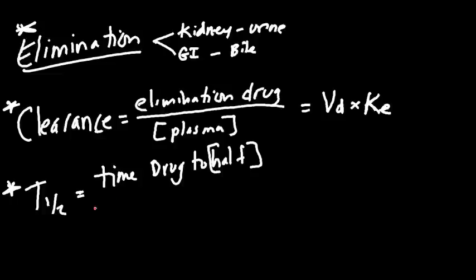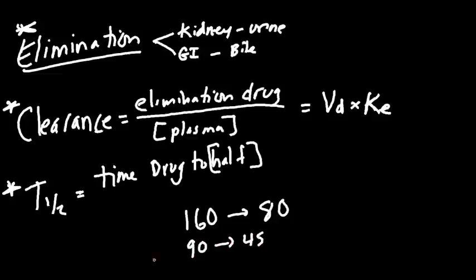How much time is it going to take for us to eliminate the drug so that the drug gets to half concentration? If we started with 160, how much time does it take for us to get to 80 units of that drug? If we started with 90, how much time does it take for us to get to 45 units of that drug? That's all our T half is saying.